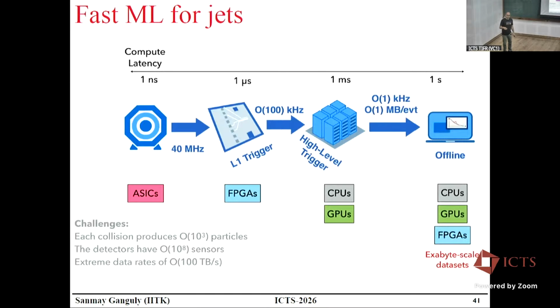Now, trigger level is all about fast decision making because our collisions happen at the 25 nanosecond level. There we have to make very fast inference decisions in order to do some downstream tasks. So people are trying to deploy all the machine learning that was done offline on GPUs onto FPGAs and ASICs.